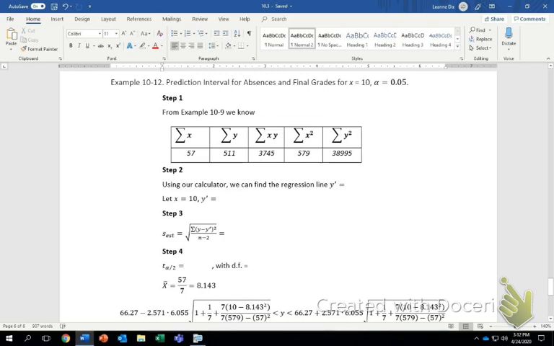But we have our pieces that we need, and I went ahead and found some other important pieces for you just to make your life a little bit easier. But we need to find the summation of x, the summation of y, xy, so the same pieces that we've had to find in chapter 9 and the beginning of chapter 10. We can use our calculator to find the regression line. So I just want to do this together just to make sure that we understand the steps that go into it, and that it hopefully is a review for you.